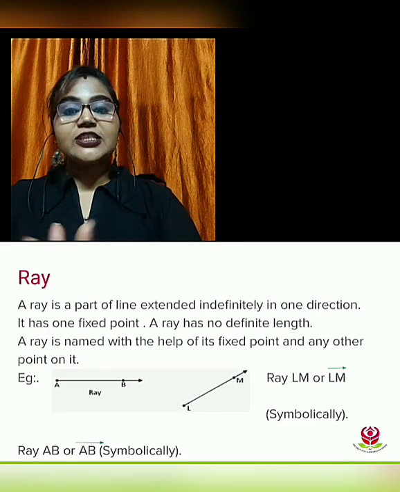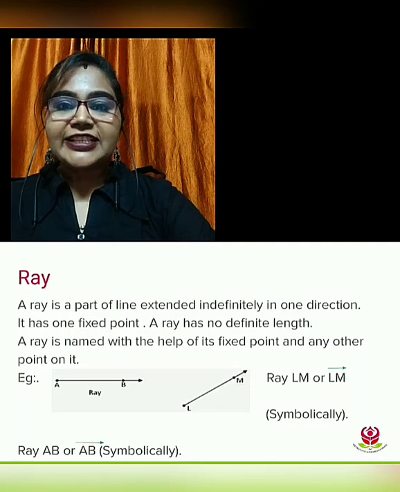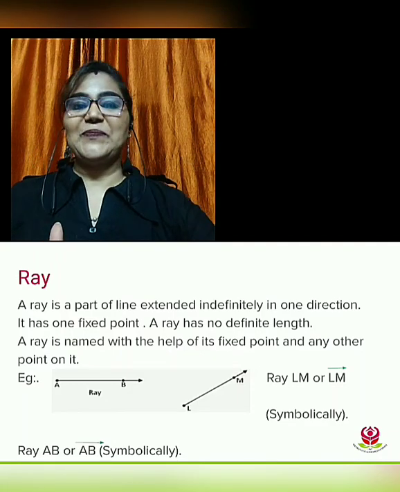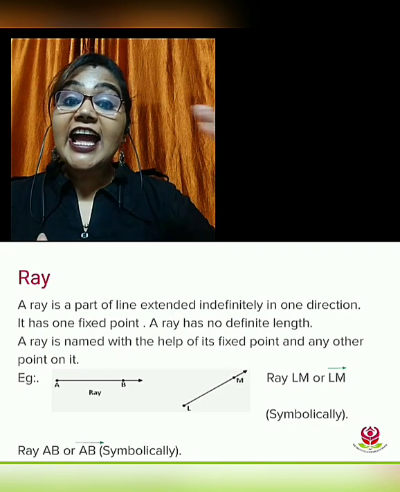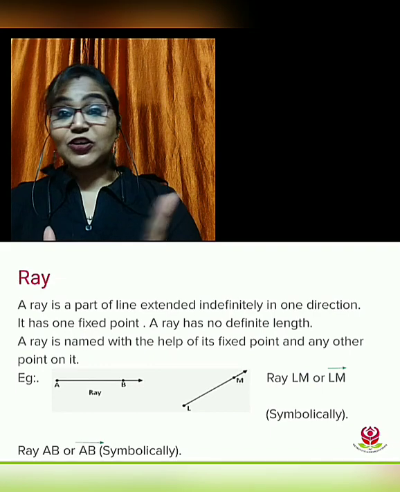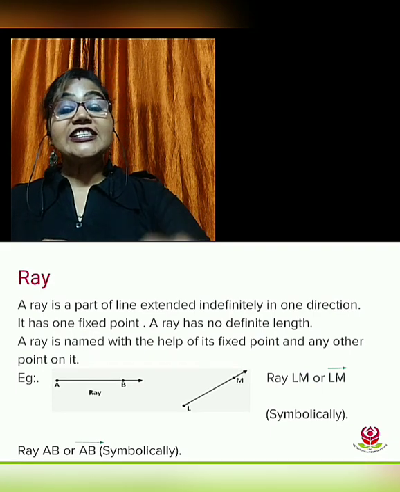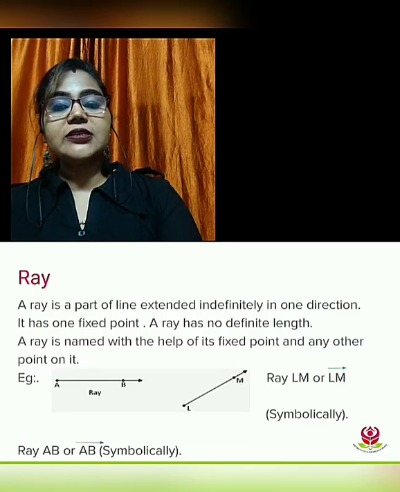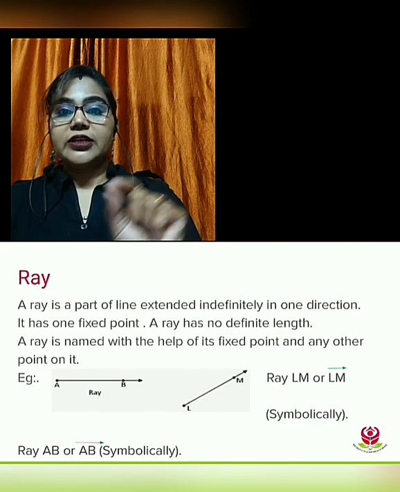Okay, see to the right side, another figure. How are we going to read this figure? Ray LM, and we are not going to read it as ray ML. It's not the correct way of reading a ray. You can see the symbol also. You saw the symbol of line segment and symbol of line, how we write it above the letters.